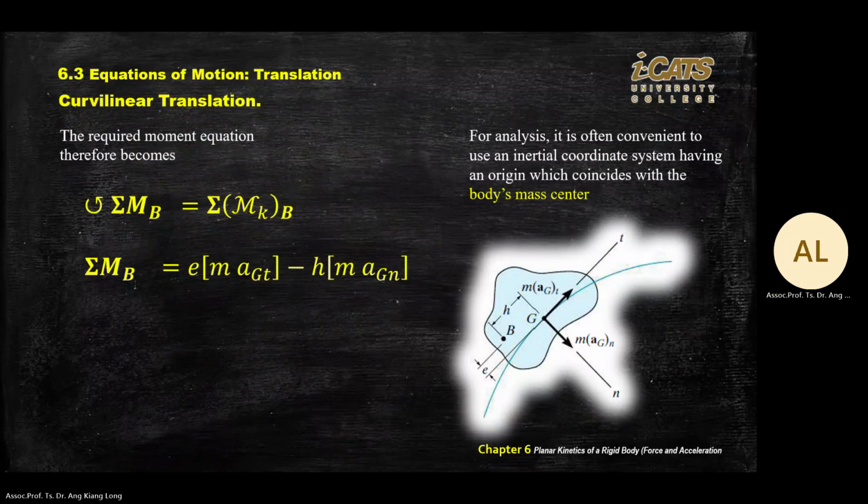Again, just to give you an idea, μs, static, will always be higher than μk. This 0.3 is just a random number. But μs will always be higher than μk.